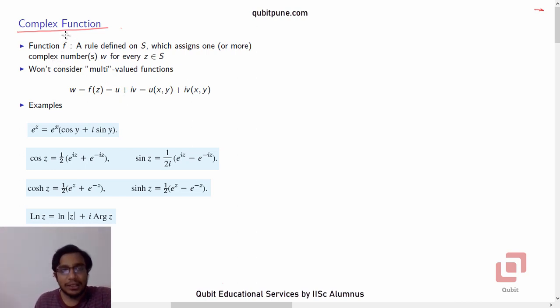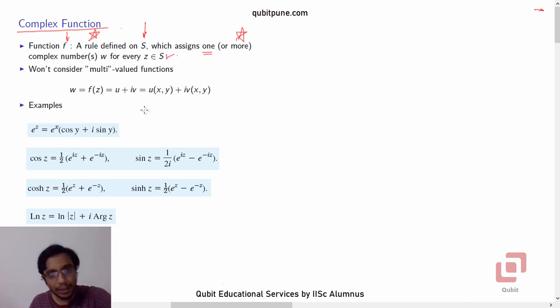A complex function f, we are still going to use the f notation, is a rule defined on a set S, which is a subset of the complex numbers, which assigns one or more complex numbers w for every z in that particular set S. I'll explain this later.